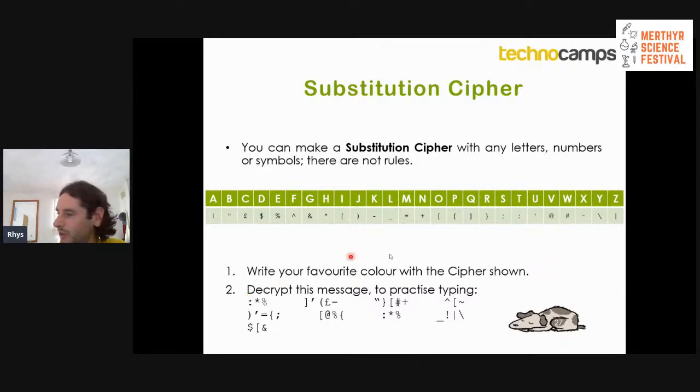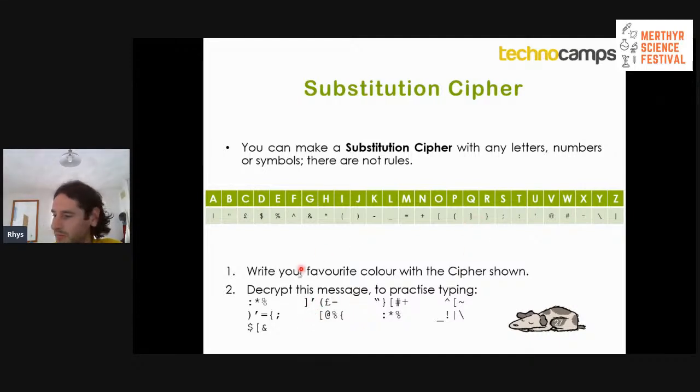So if we look, the colon would be a T, the star would be a H, and the percentage sign would be our E. So that first word is the, and then also this word down here is the. And then our second word, we've got a squared bracket closed.